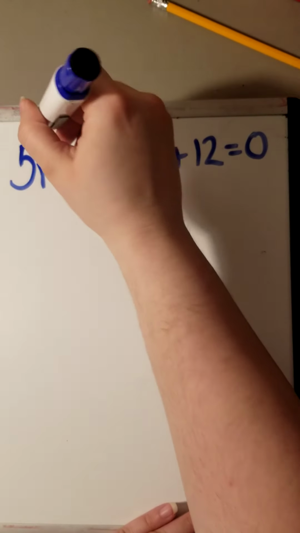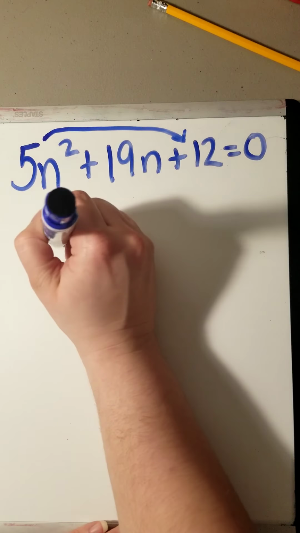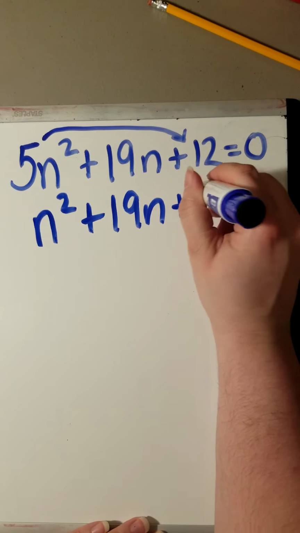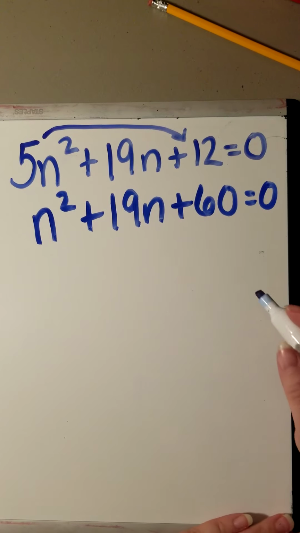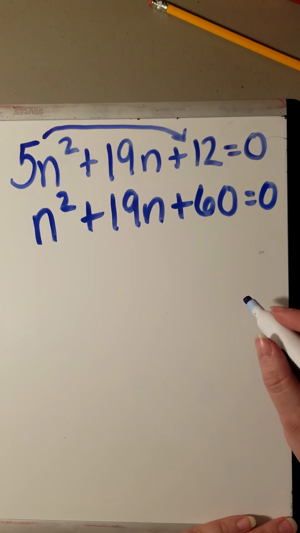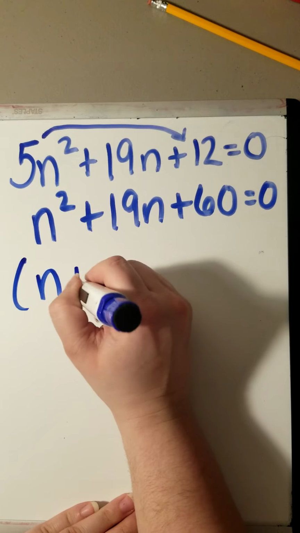Okay, so hopefully you remember that the first thing to do is to multiply these two. So n squared plus 19n plus 60 is 0. Things that multiply to 60. 1 and 60, 2 and 30, 3 and 20, 4 and 15. Oh, 4 and 15 gets me to 19, so I'm going to use that one.